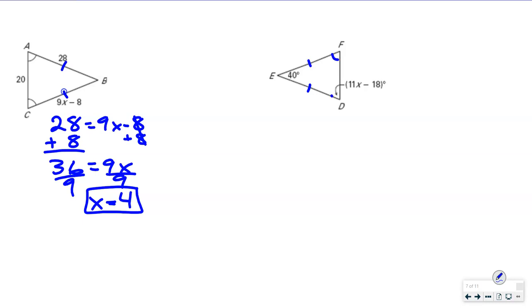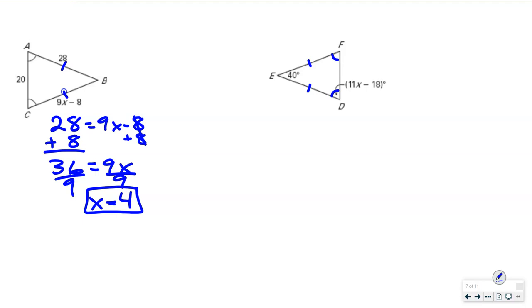We're talking about angle F and angle D. Well, we don't know what angle F is, but we know that our other angle is 40 degrees, and we've got 11x minus 18.